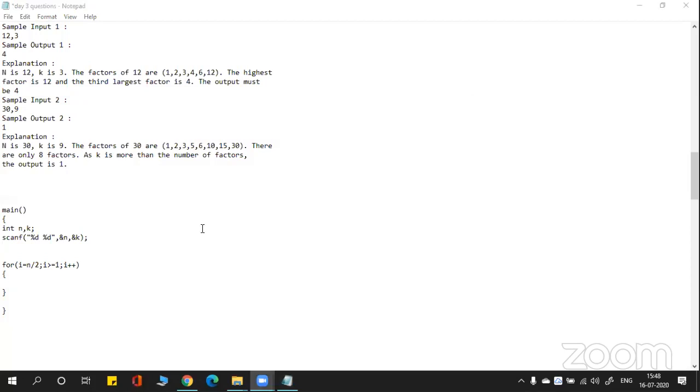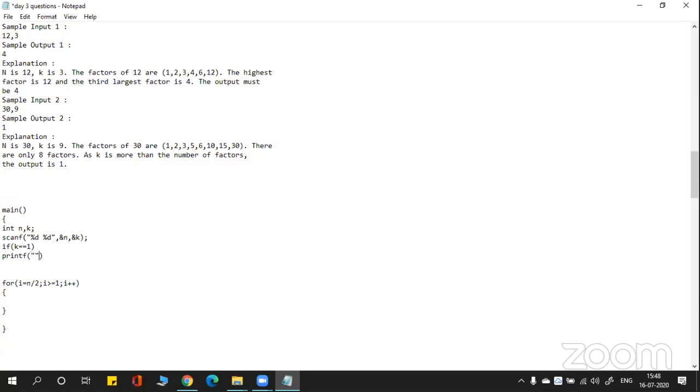Okay. So if k is equal to 1, this will not give us the correct output because we are starting from n by 2. So for that purpose, here I am writing a condition. What is that condition? If k double equal to 1, then tell me what should be the output? Exactly.